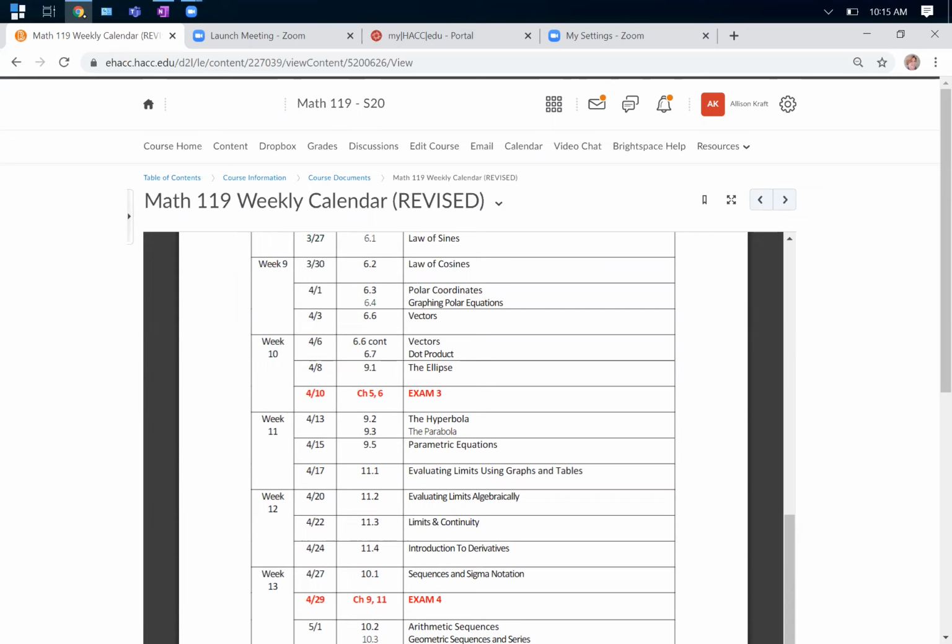All right, so my plan will be on Monday, we will start conic sections and we'll discuss the ellipse. Then that's going to be the last day of class next week. We won't have class the rest of the week because on Wednesday, we're going to have a test. And then Friday, since we're ahead, we won't need to hold class.